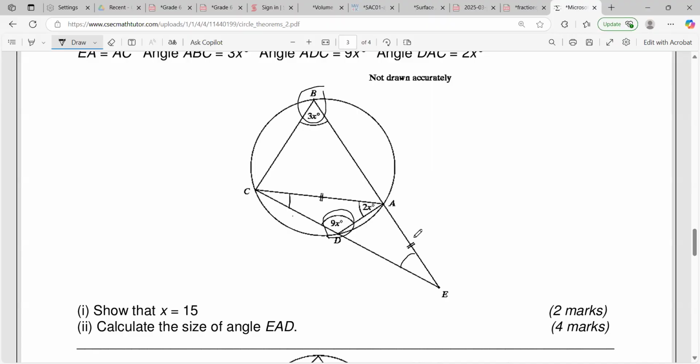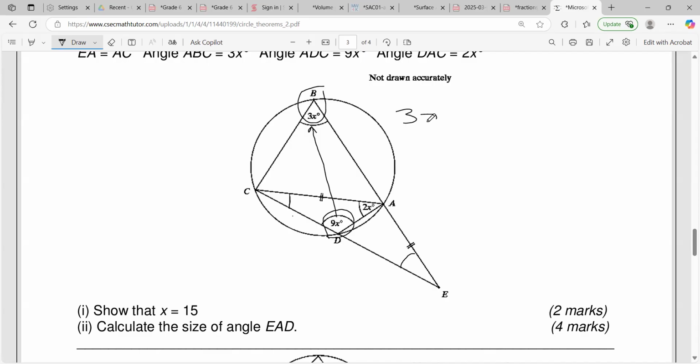So this is the key to it, I think, right? Because it's a cyclic quadrilateral, we know one thing. We know that this plus this equal 180, right? Because they are supplementary.